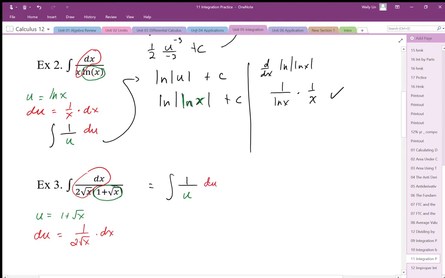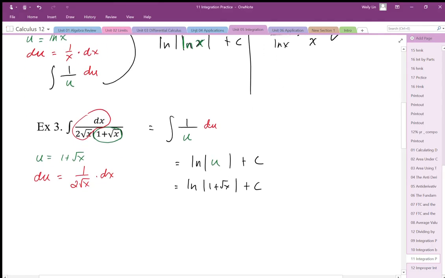Now this becomes a fairly easy integral, log of u plus c. Knowing that, we can replace that u with the original function, so we end up with log of 1 plus root x plus c. And again, I could check this by differentiating. This is a good way to check our integrals.